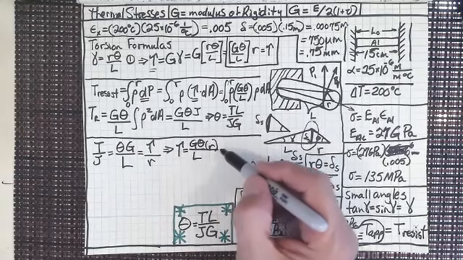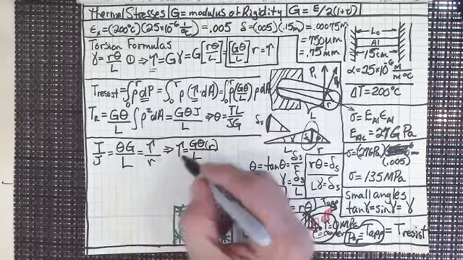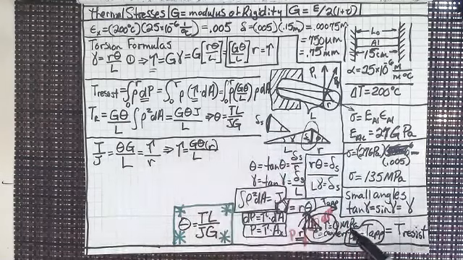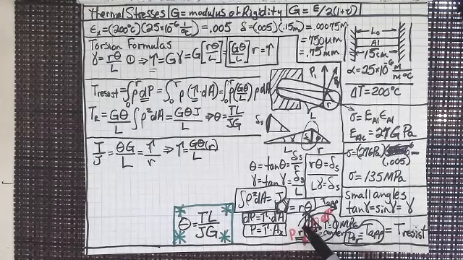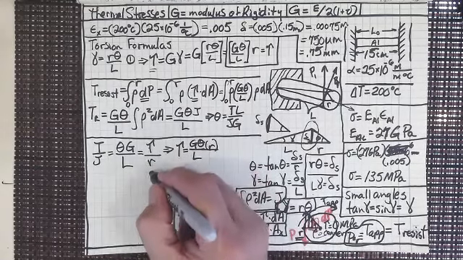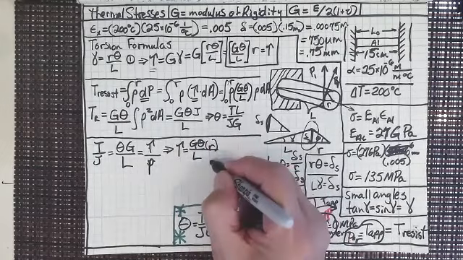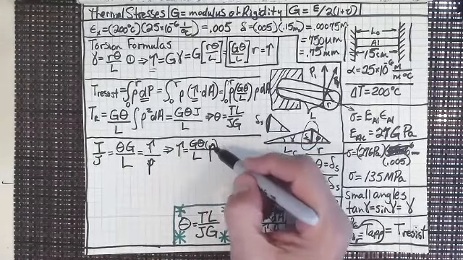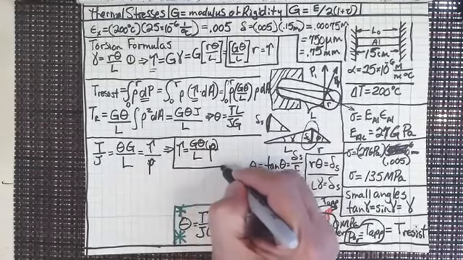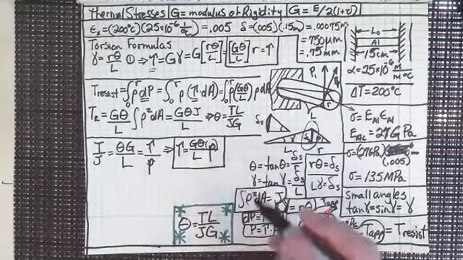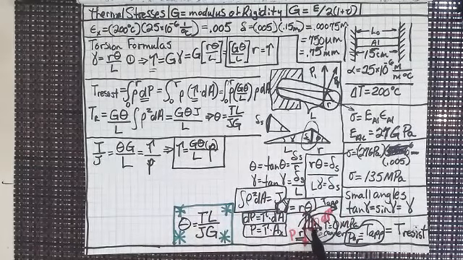I shouldn't really say that the stress is that. I should really say that the stress changes on the way out. The stress is 0 in the center. The stress is a maximum on the way out. So if we were just finding it for any point along that line, it would be G times theta times rho over L. So we could find the stress at any point in that cross section, just by taking the distance from the center to that point. The stress is always maximum on the outside.